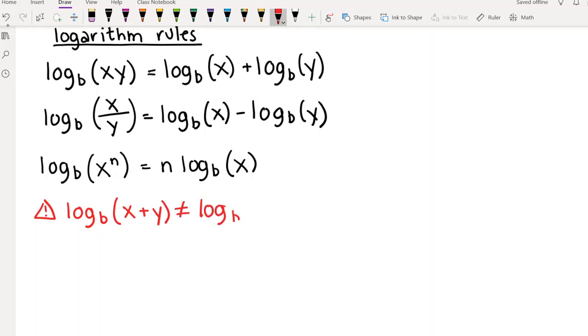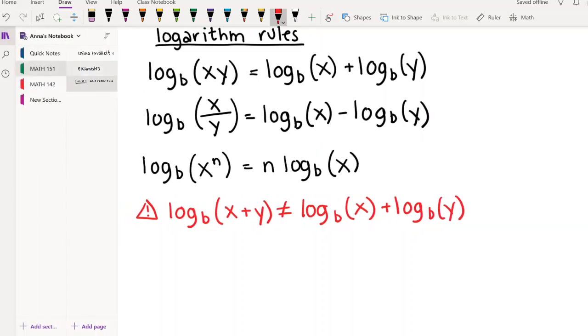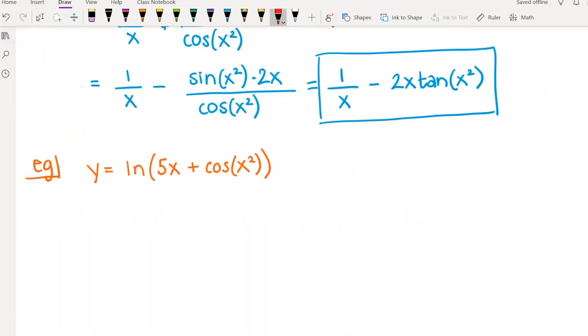I shouldn't say never, maybe there's some numbers where it happens to be true, but in general it is not equal to this. So unfortunately, there's really no simplification we can do in this case. This one cannot be simplified using log rules.